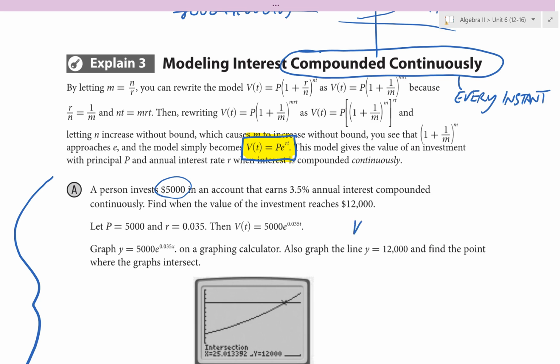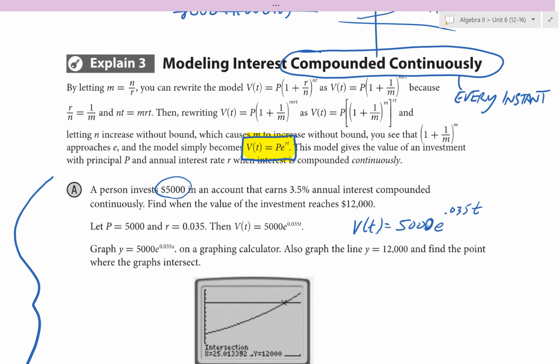So the value of our account is starting at $5,000. And if we're compounding instantly, then we would just do E raised to the 0.035t, and that's all you have to do. And so then that's going to compound every single instant. So more often than every half a millisecond. Okay, so that's the equation that models compounding continuously.